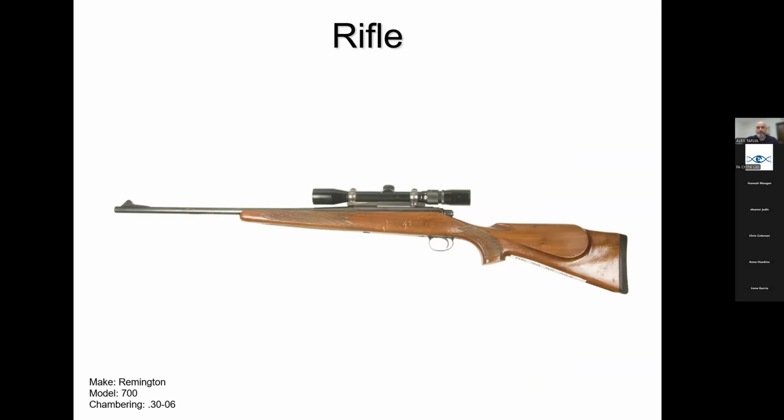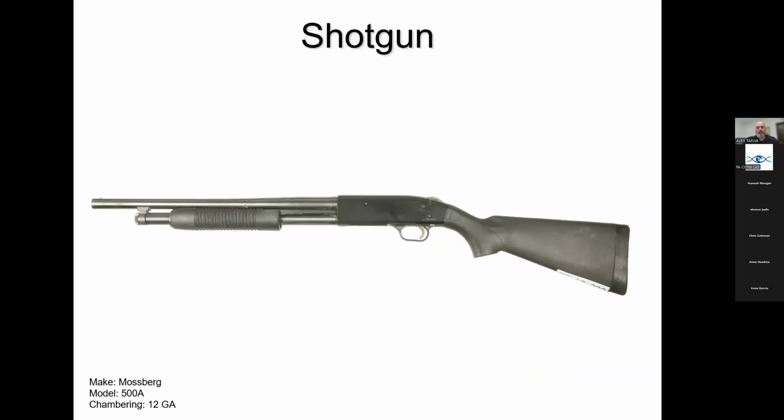A shotgun is somewhere in between. It's also shoulder fired. It has a smooth bore, and that's the difference between a rifle and a shotgun, basically. And the shotgun will fire more than one projectile at the same time. So you can hear the term bird shot.